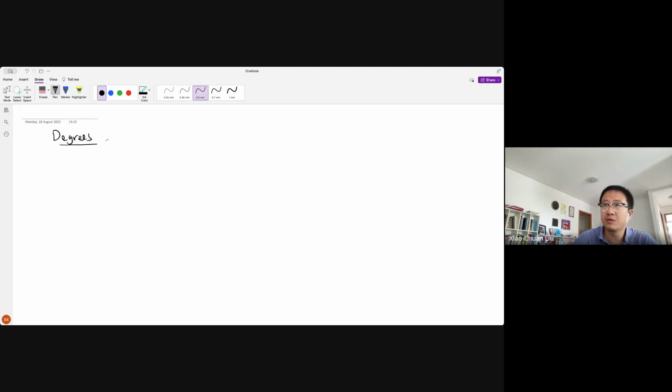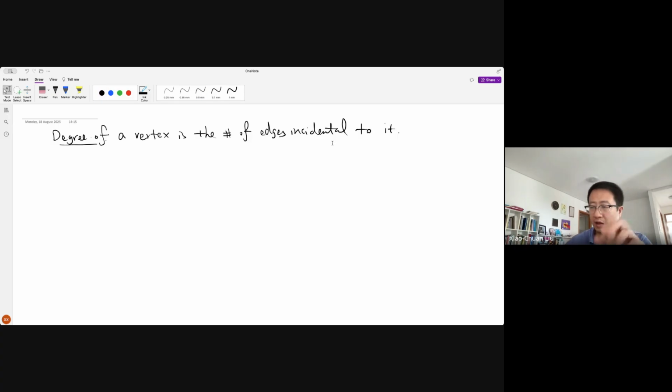So a degree of a vertex is the number of edges incident to it. You just count how many edges are related to this vertex.